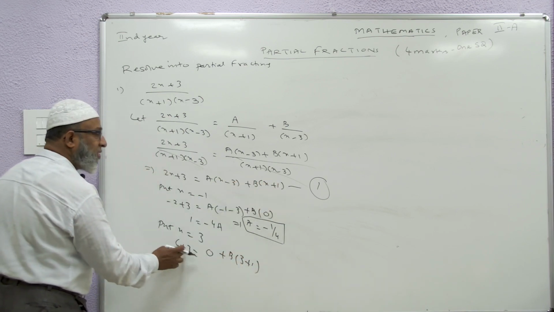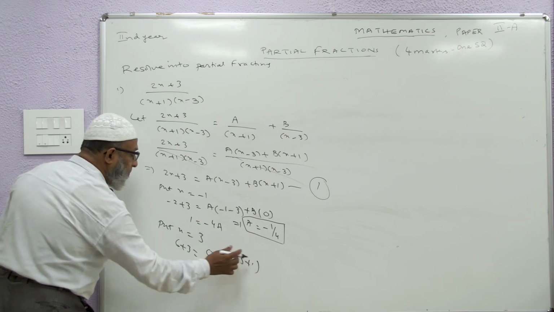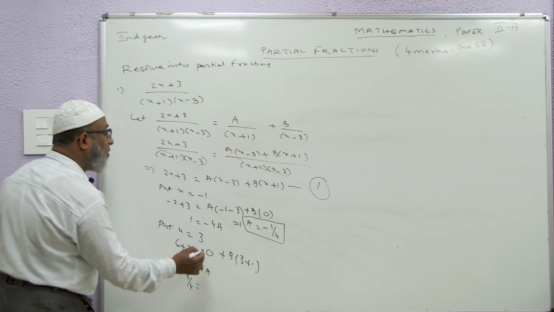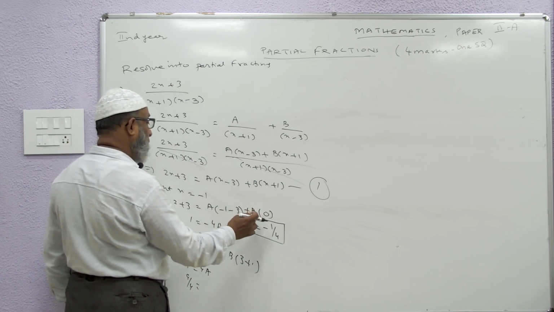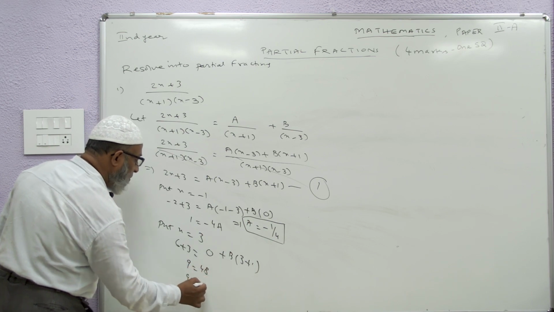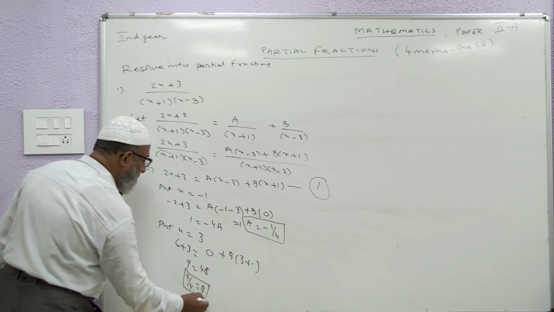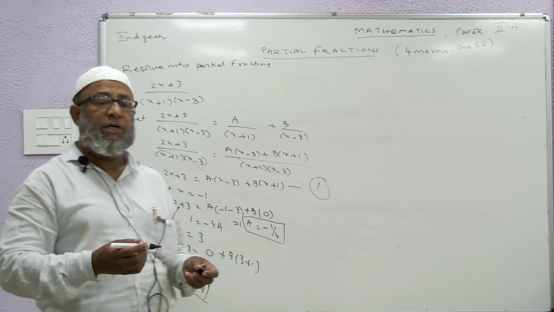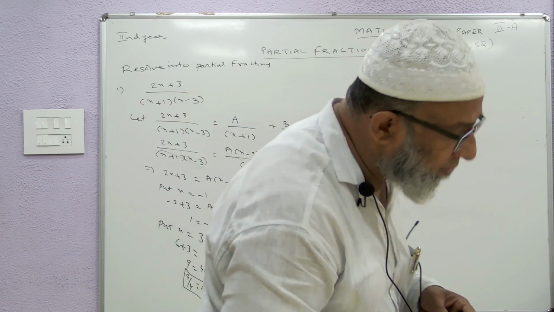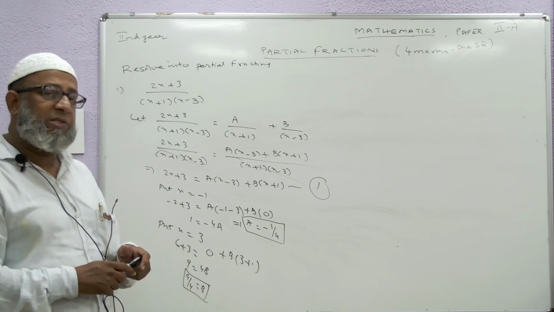So this gives me 6 + 3 = 9 is equal to 4B. It means that 9 by 4 is equal to B. So the value for B is equal to 9/4 and the value for A is equal to -1/4.